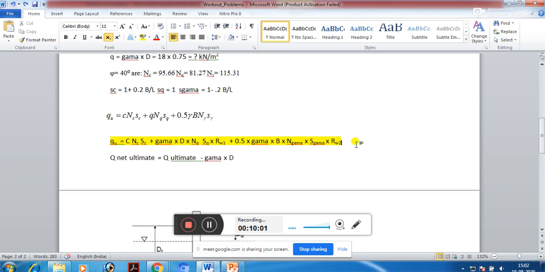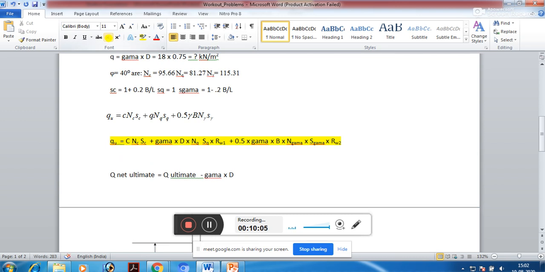So to calculate the value of RW2, RW2 is basically given as equal to 0.5 into (1 plus dw dash divided by B), right?